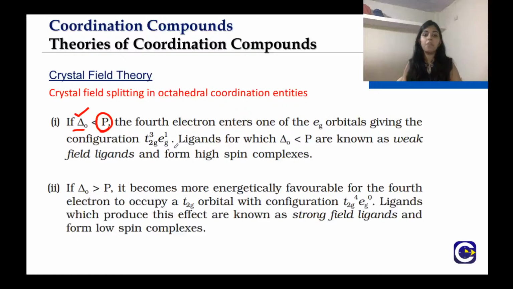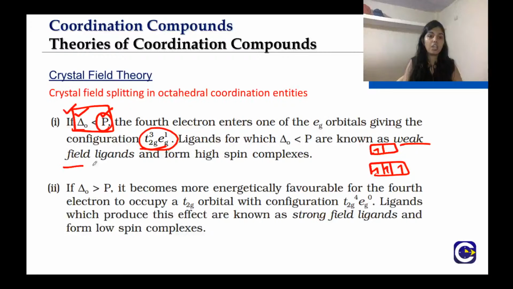Pairing energy is more, means what? That it is harder to pair up electrons. So we will not pair up the electron. We will move the fourth electron to Eg orbital, right? So this becomes T2G3 Eg1. And the ligands for which this condition takes place, that is the pairing energy is greater than that of delta O, are called as weak field ligands.